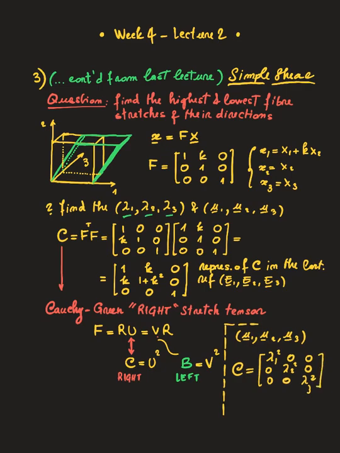So we understand that to find the eigenvalues lambda, we essentially have to diagonalize the Cauchy-Green right stretch tensor. This is what I'm about to do on the next page. I want to copy this tensor again.